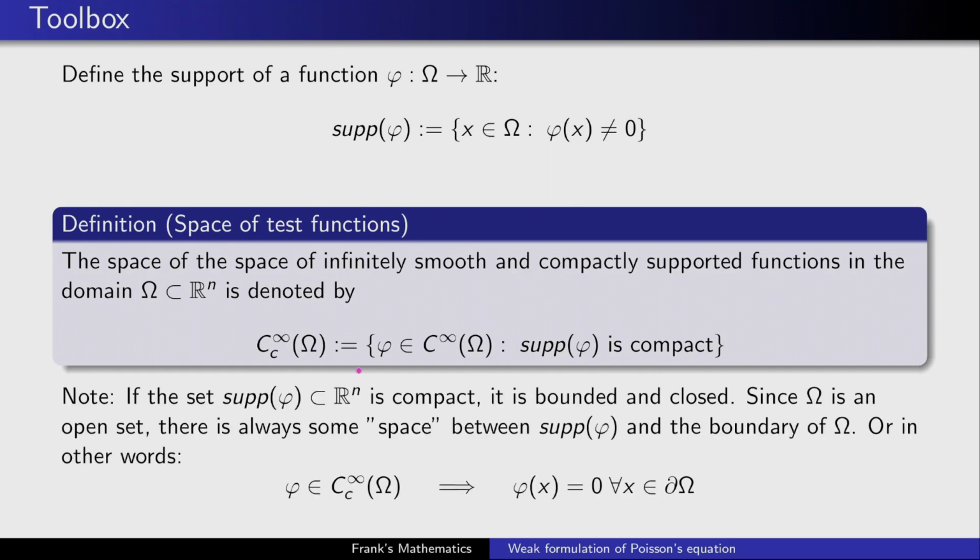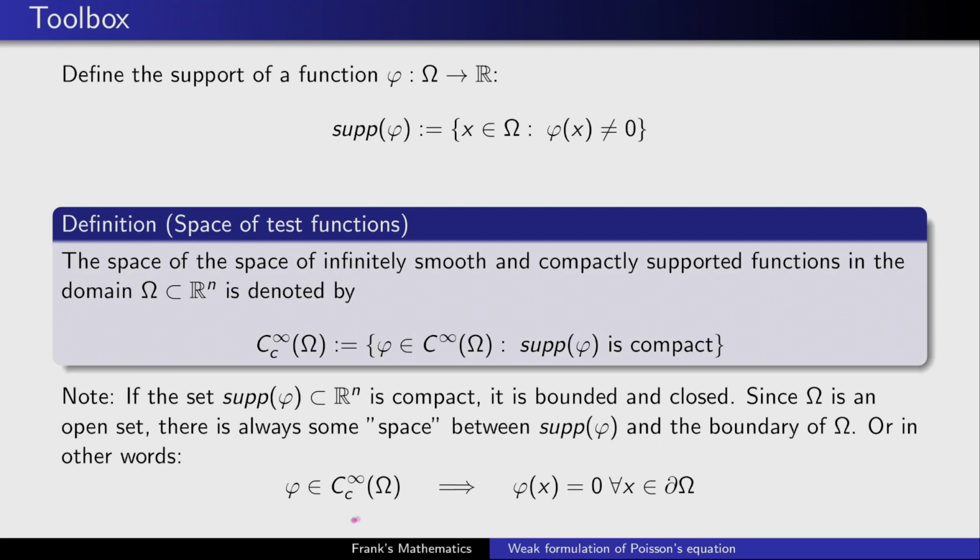So we do some hand-waving argumentation. If we have such a test function, this means the support is compact. This means the support is bounded and closed. On the other hand, omega is an open set. This means there's always some space between the support and the boundary of our domain.